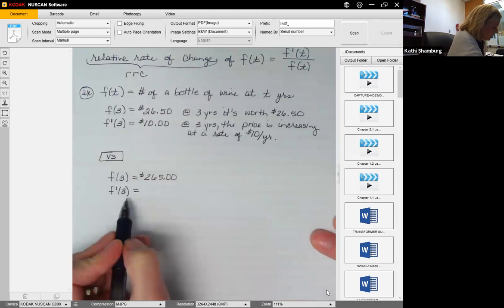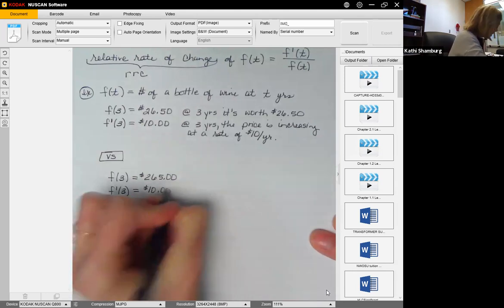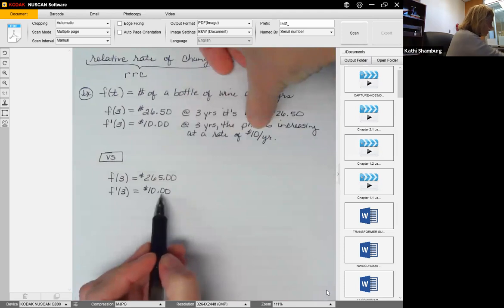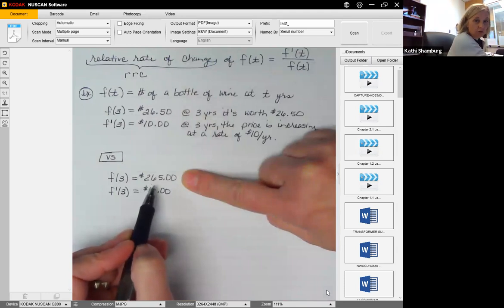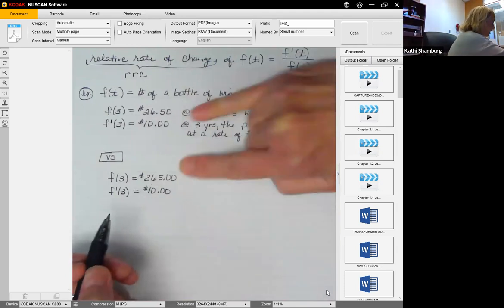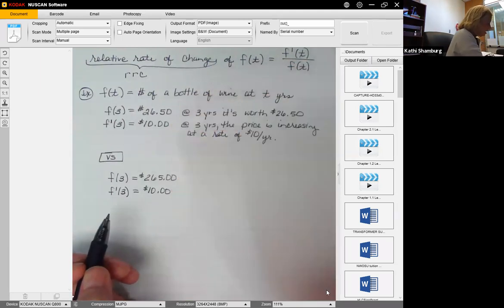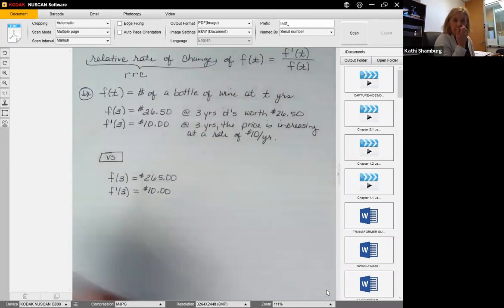And that rate of change, let's say, is also $10. So what this is saying is at 3 years, the price is increasing at a rate of $10 per year. So that's the same here. So the next year, this would be $275 and then $285 and so forth. Okay. So different initial values at 3 years, but the price increase per year is the same.